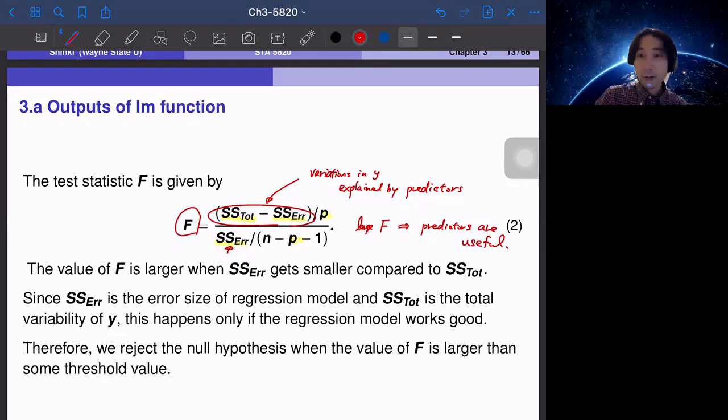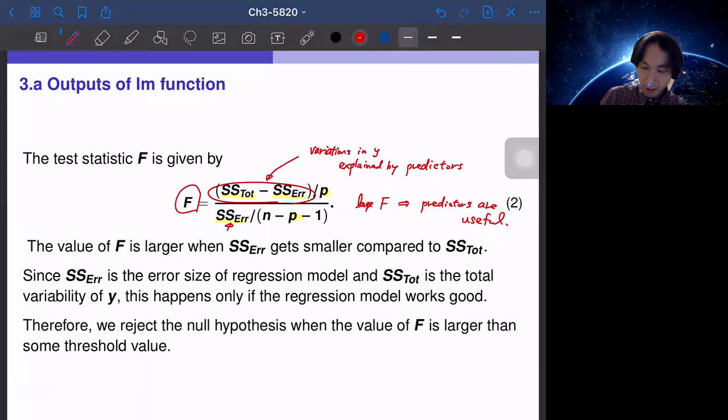So for large F, we reject the null hypothesis to support the regression model. The null hypothesis is that no coefficient is different from 0, meaning the model is useless. So if F is large, the model is useful, and we should have a more significant result, a smaller p-value.